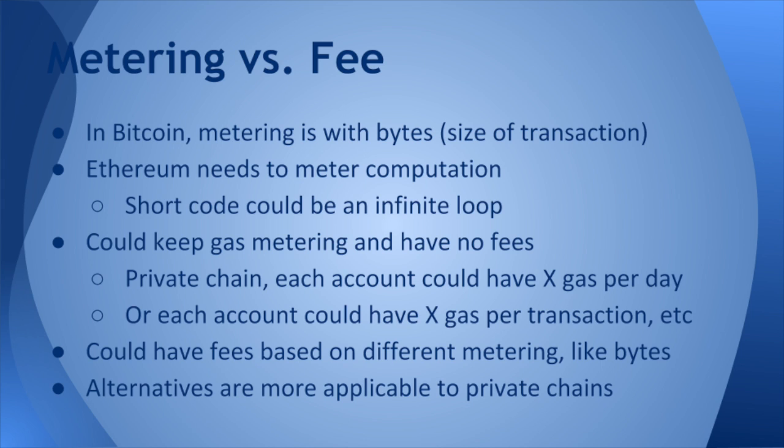Or you could also have fees, but based on different metering. If you just want to keep things simple, you could have metering based on bytes. Now, these alternatives are more applicable to private chains, because as we've said, if you're only metering by bytes, someone could write a really bad program that never stops. On a private chain, you can control who your accounts are, but on a public chain, because of Sybil attacks, anyone can just keep creating new accounts to get more gas if that's what they need.